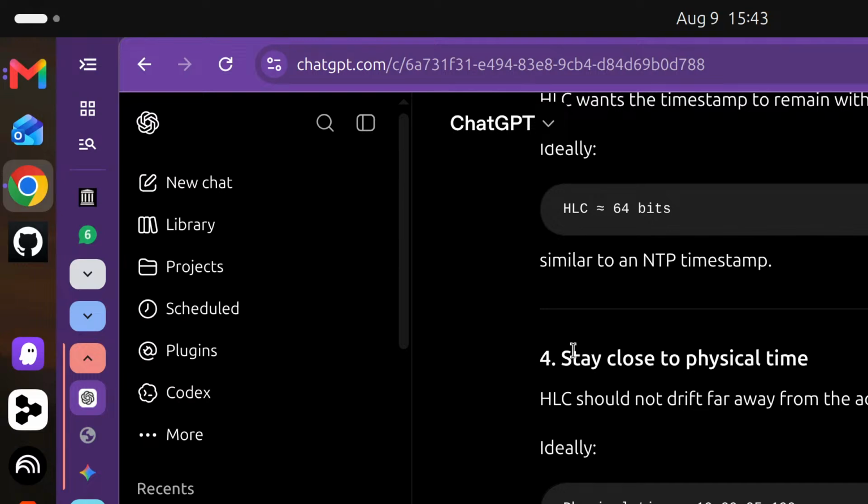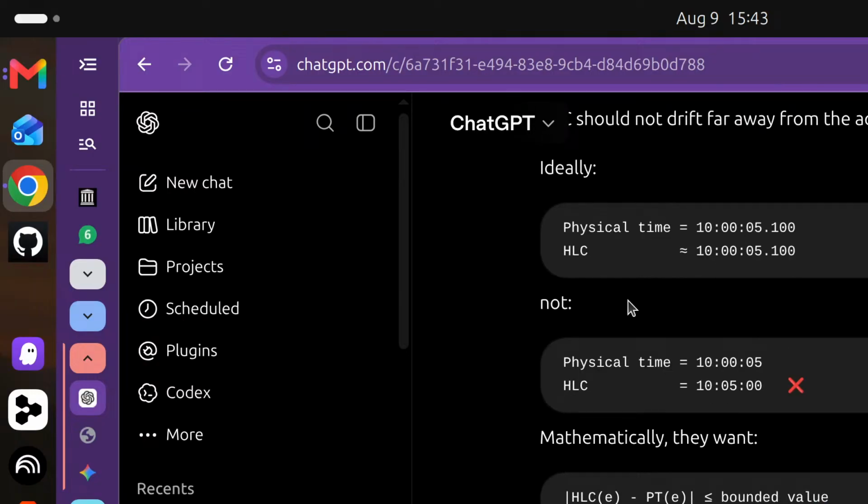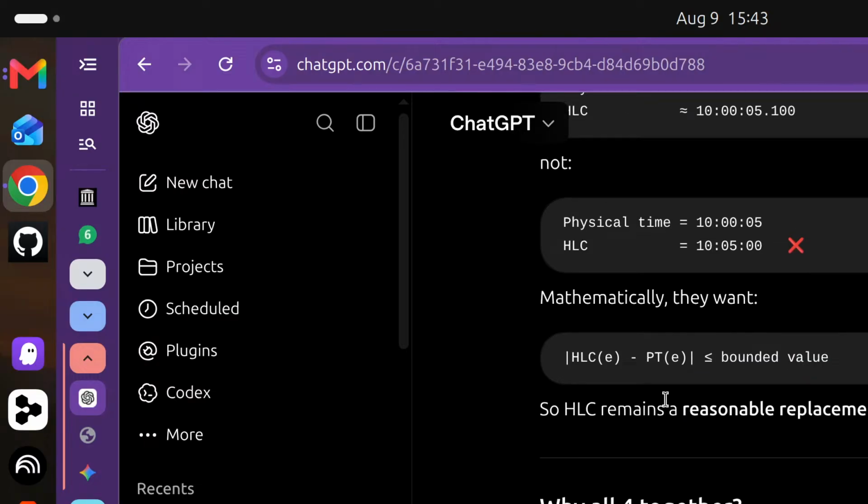And the fourth requirement is to stay close to physical time. HLC should not drift far away from the actual clock. Ideally, physical time is this, and HLC is this, not something with a 5-second gap. Mathematically, they want the difference between physical time and HLC time for a particular event to be less than or equal to a bounded value, so HLC remains a reasonable replacement for physical time.